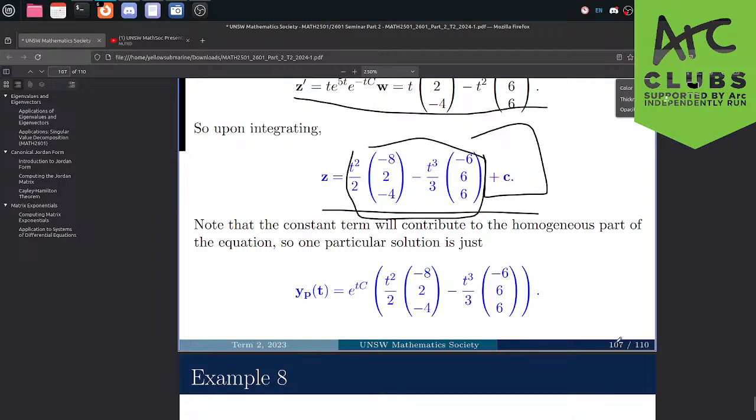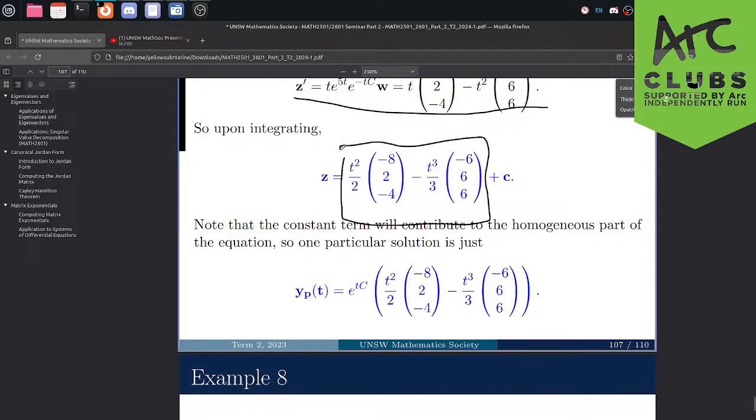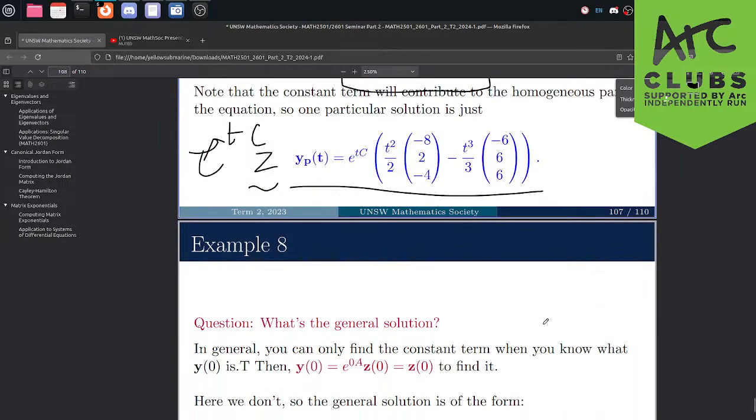So all you can do is just substitute c is equal to 0, right? You can substitute whatever constant you want technically because it's a particular solution, but really the particular solution part in this variation of parameters method is this. And then you multiply it by e^tc because our solution was actually to get e^tc times z, our variation of parameters solution. That's what y is equal to. So this is our particular solution.